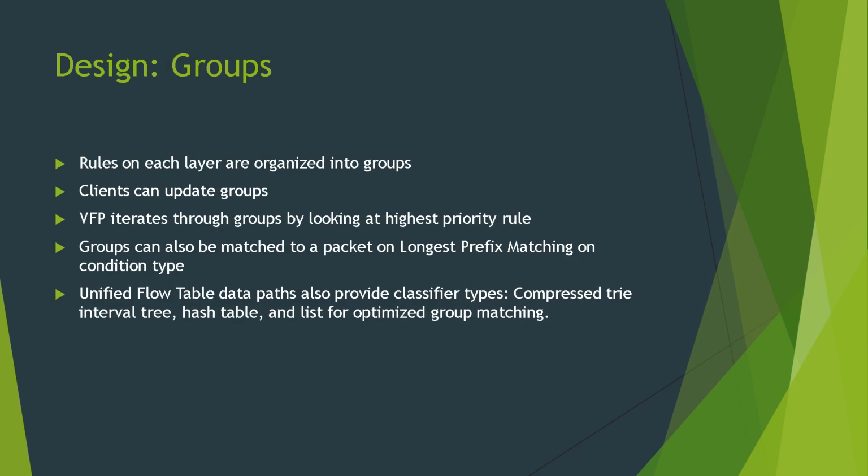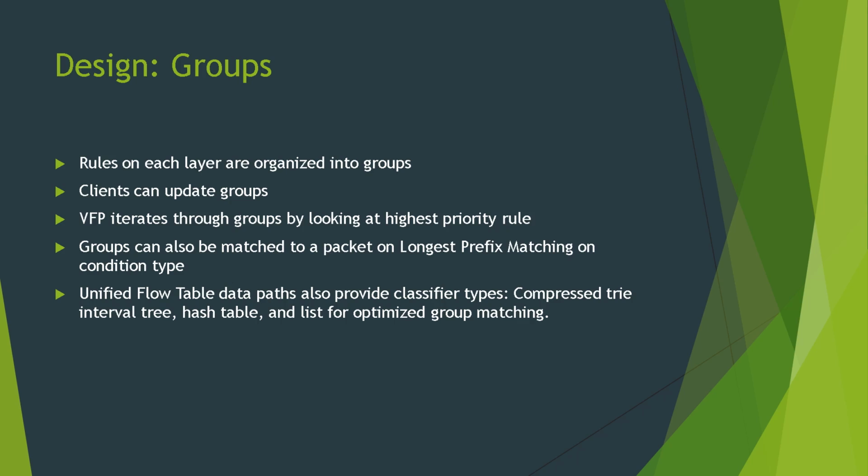All the rules on a layer are usually organized into groups for management purposes. Groups are considered the atomic unit of policy in VFP. Controllers and clients are allowed to update groups based on how they see fit. So VFP will iterate through a group and will find the highest priority rule in each group that matches the packet.